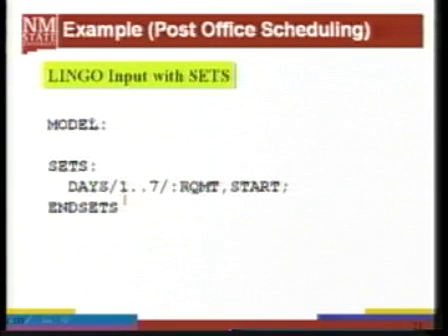We have 7 days, so we have 1 to 7, and associate with each 2 quantities, which in this case are RQMT, that is the number of workers required, and START, that is the number of workers that will begin work on that day of the week, okay? And the end of sets and the definitions of the sets.